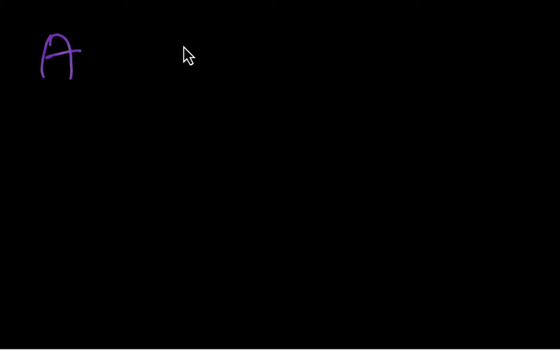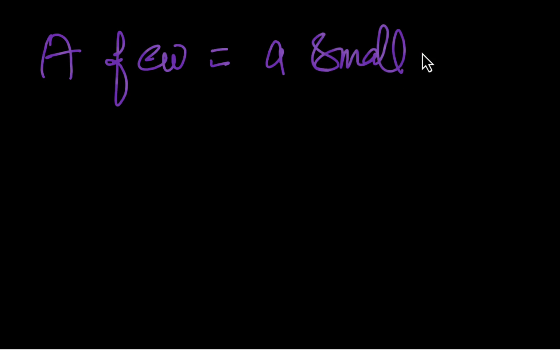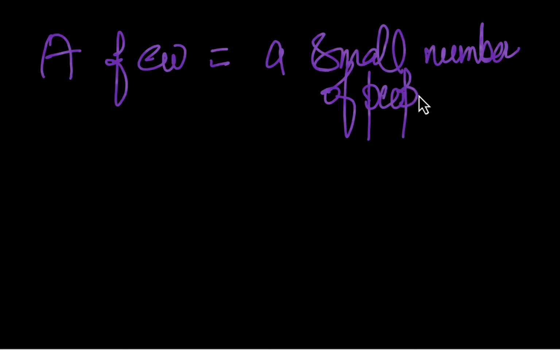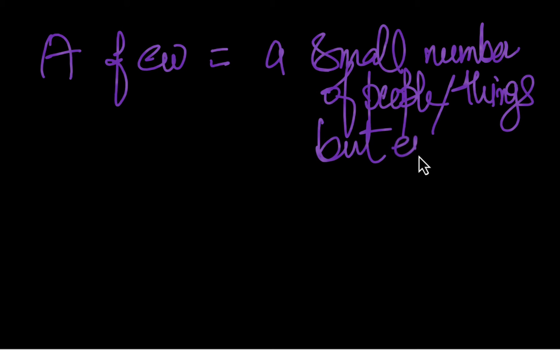So let's write it down as well. A few: a small number, a small quantity of people or things or something else, a plural noun, but enough for the situation where it is used.